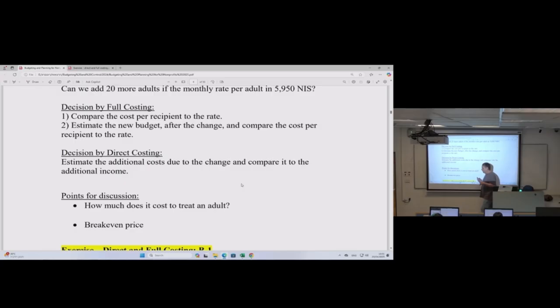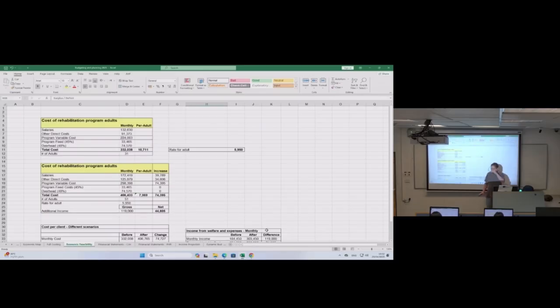And we can see here that this organization was about to take a wrong decision. And again, it was my luck and their luck that we met at this point. And I referred them to the way to do the calculation using the direct costing, looking at the change in income versus the change in expenses. And then I recommended to them to take the change, to take the additional clients.